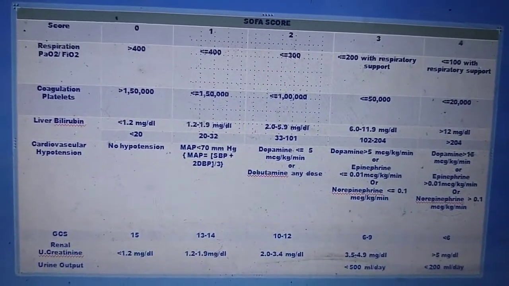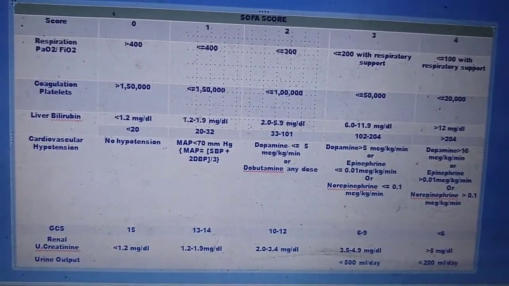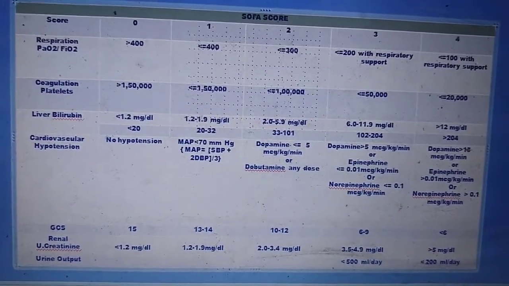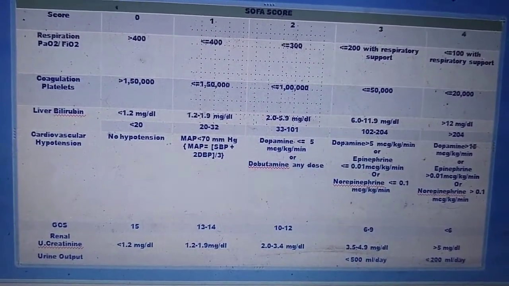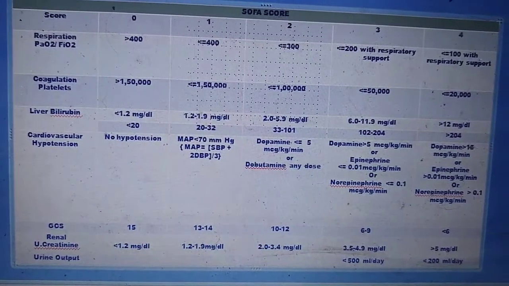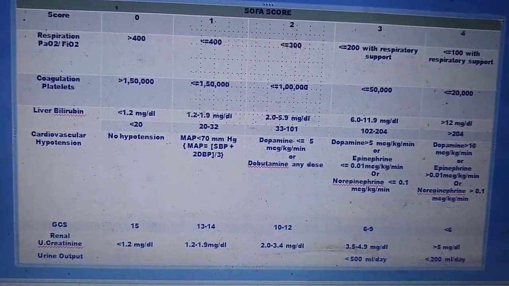In cardiovascular hypotension, the patient's mean arterial pressure is less than 70 mmHg in score 1. Mean arterial pressure is calculated with the formula: systolic blood pressure plus 2 into diastolic blood pressure, whole divided by 3.